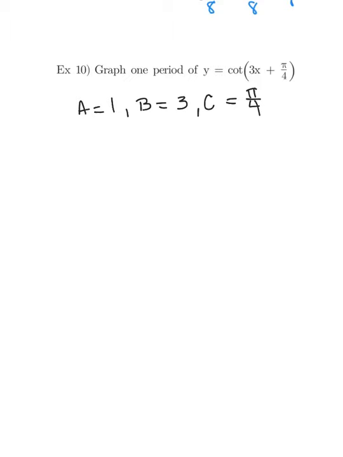So our mark on the vertical axis will be 1, since a is 1. Our period, standard period length for cotangent, is pi, divided by b gives us pi over 3. The increments will be pi over 3 times 1/4, since it's already a fraction, which gives us pi over 12.